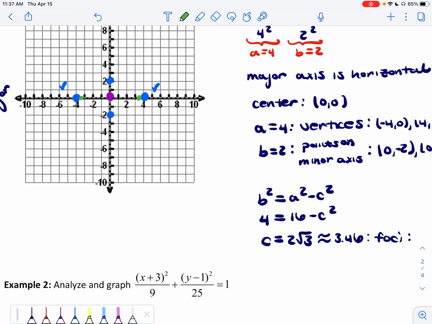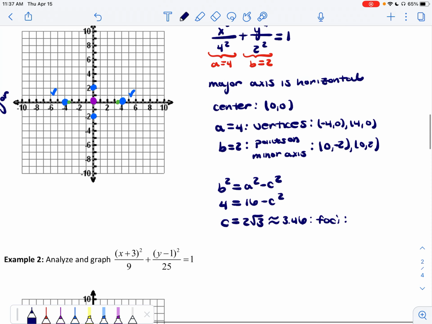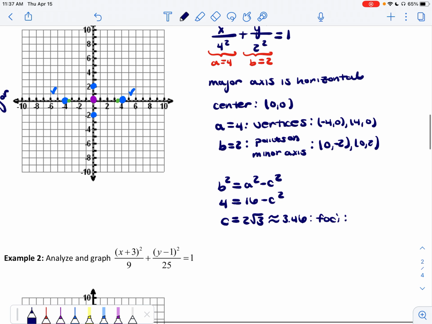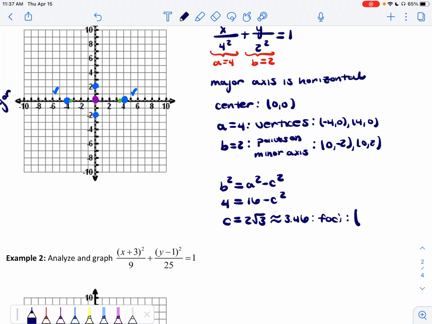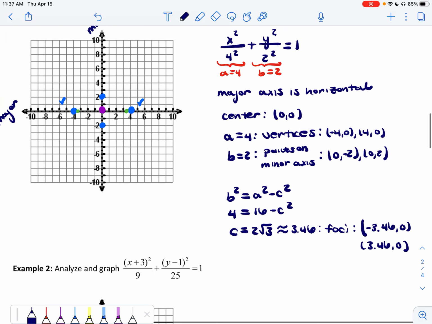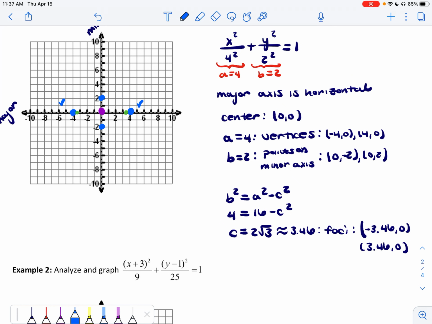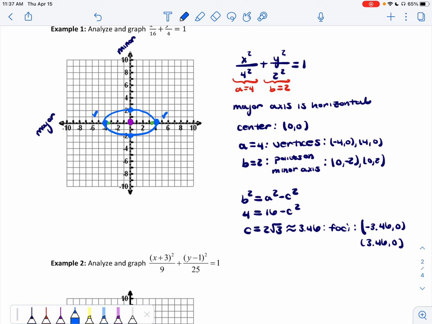So 3.46 units to the left and to the right. So we're going to get our foci at -3.46, 0 and +3.46, 0. And then the last thing to do is just to connect your points, and we have our ellipse.